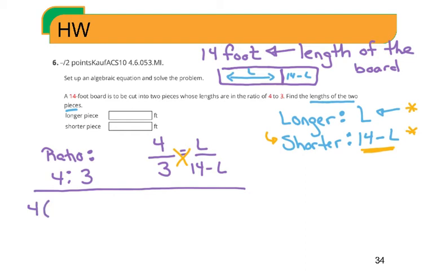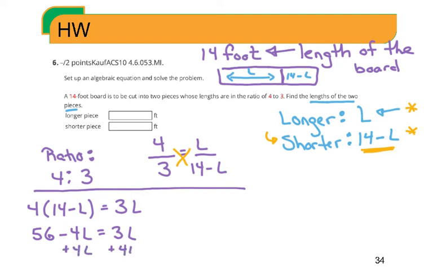I have 4 times 14 minus L equals 3L. So 4 times 14 is 56 minus 4L equals 3L.